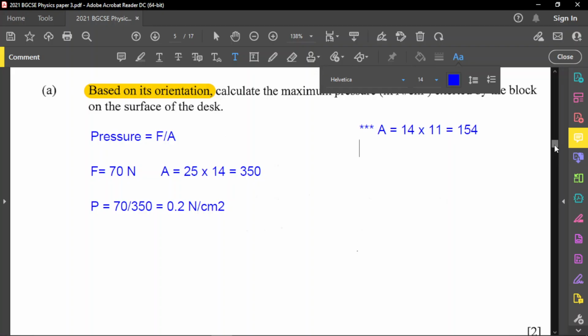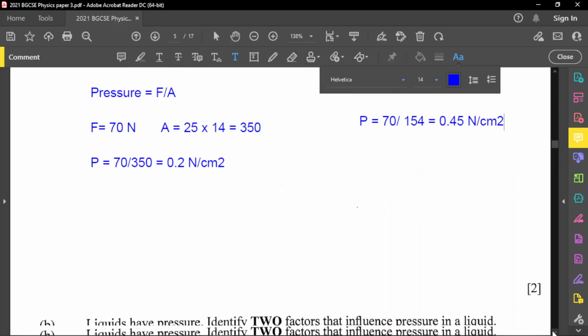And so the maximum possible pressure by the block would have been 70 divided by 154, which equals 0.45 newtons per centimeter square. That's the maximum pressure that can be created by the block. But based on the orientation, the maximum pressure here is 0.2. Just to make a note of that.